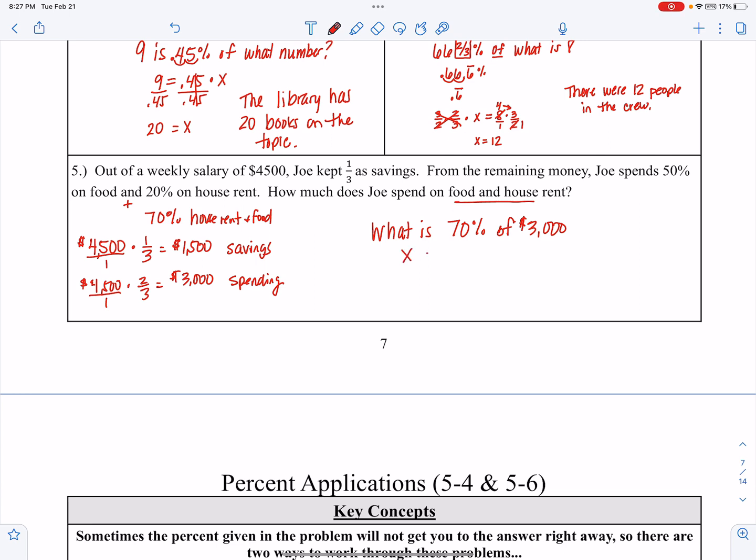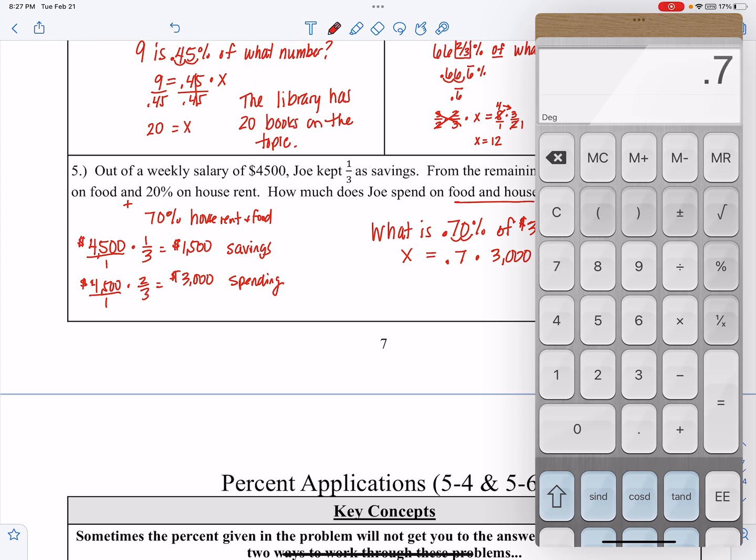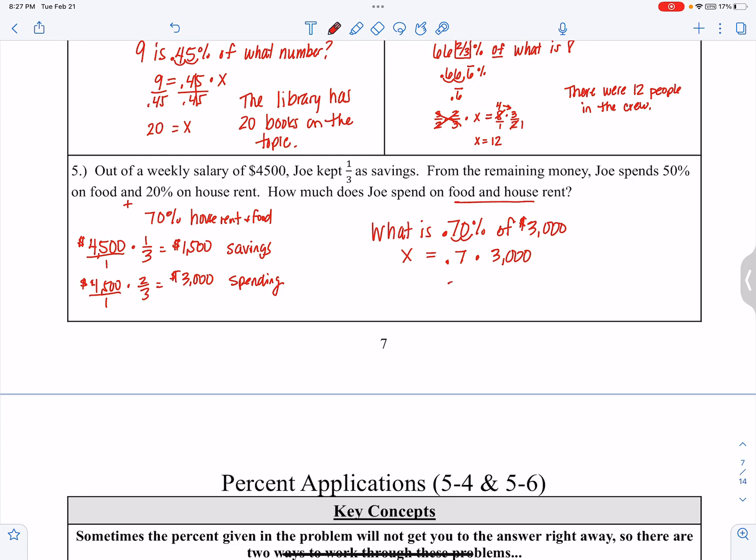So we have what is 70%. We move it over to a decimal. 0.7 of 3,000. Okay, and so we simply have 0.7 times 3,000. And we get 2,100.